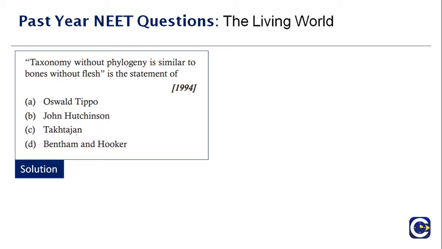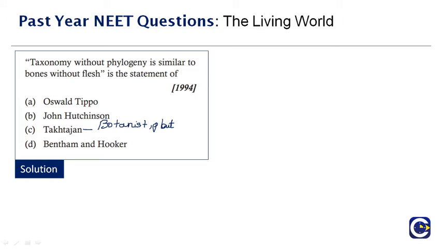Now you can ask me, who is this Taxonomy? He's actually a botanist, and he's one of the most important figures in the 20th century. He has done a lot of research in plant physiology and plant evolution, and systematics of the plant.